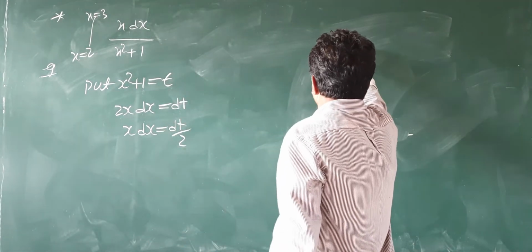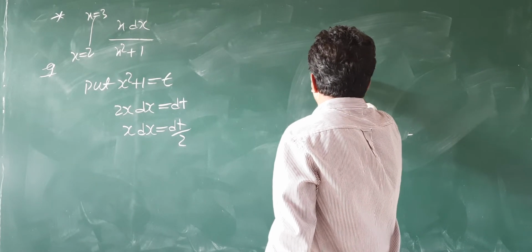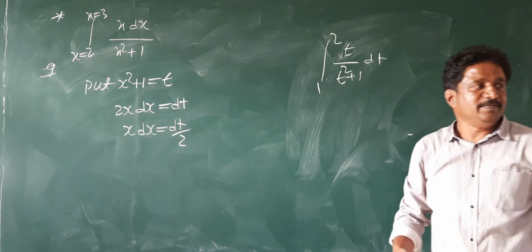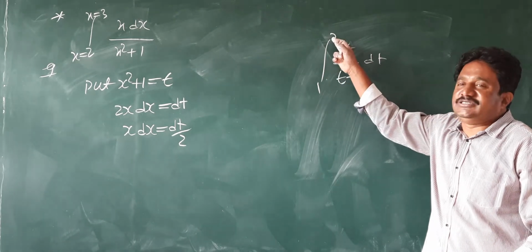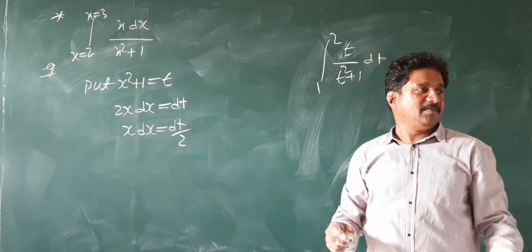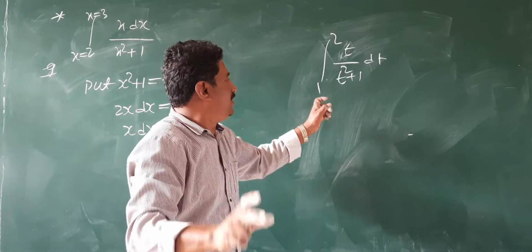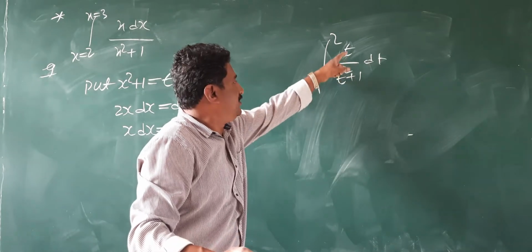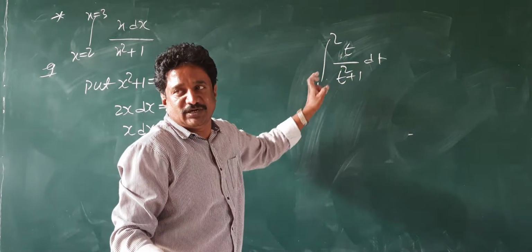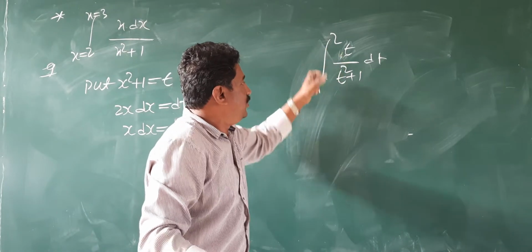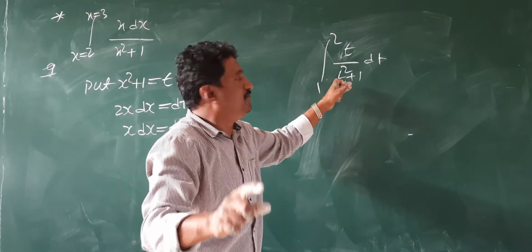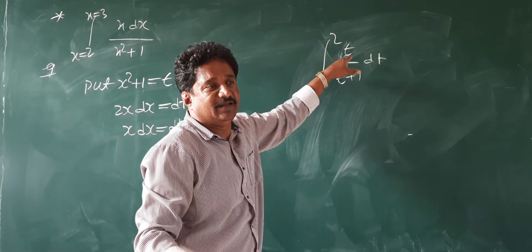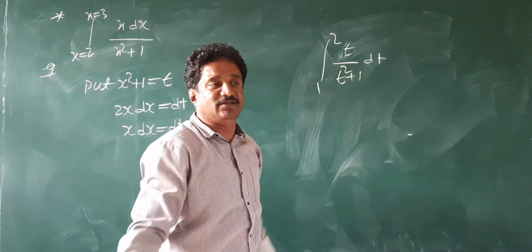Suppose it is the integral of 2t by t square plus 1 into dt from 1 to 2. Now these two numbers are t values only. We won't write every time that t equals 1 and t equals 2. If that t is not mentioned, it is understood. These two are values of the variable which appears in the integral.